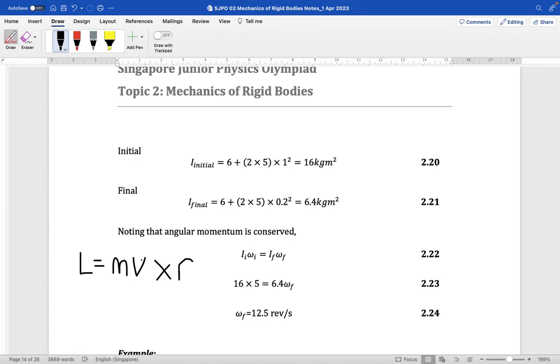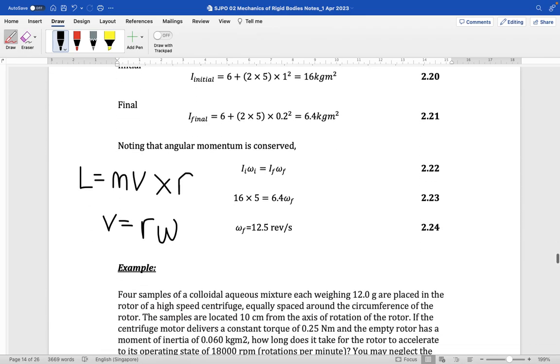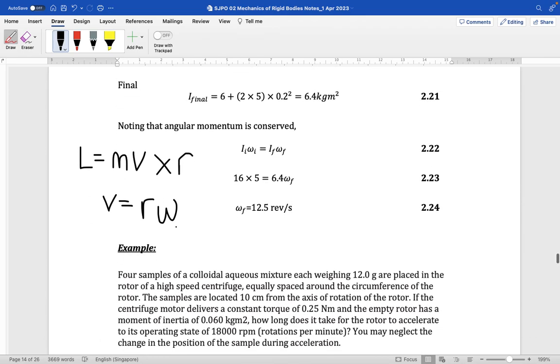But you also know that v equals r omega. And the question is then asking for this final angular frequency, in revolutions per second.